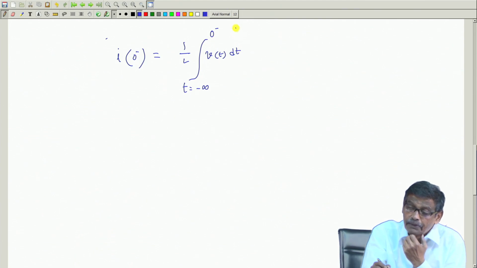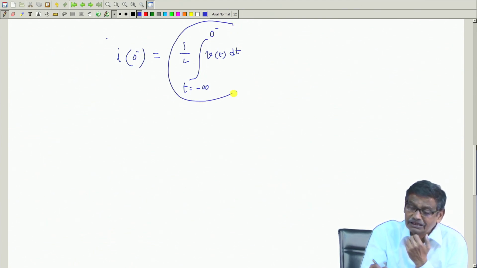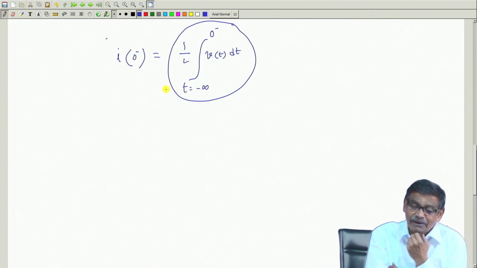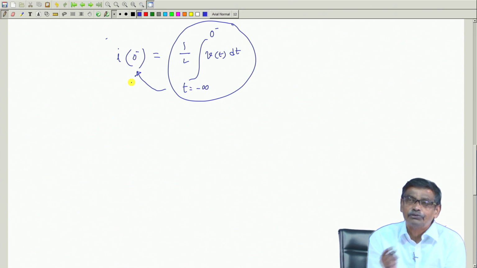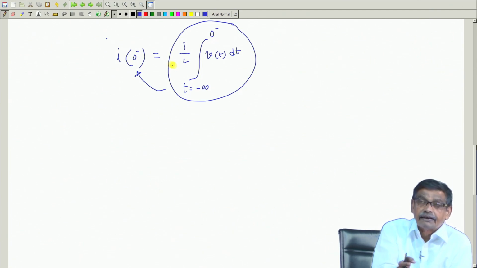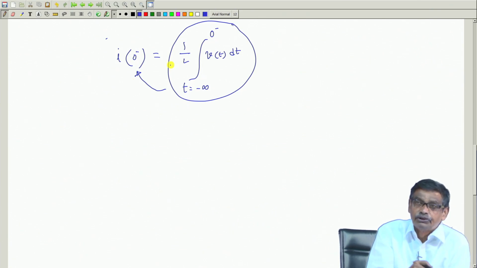But all this previous history is nothing but to say that the inductor, when you are doing some switching, had an initial current I 0 minus. It captures the previous history. The current in the inductor at t equal to 0 minus is this whole thing.